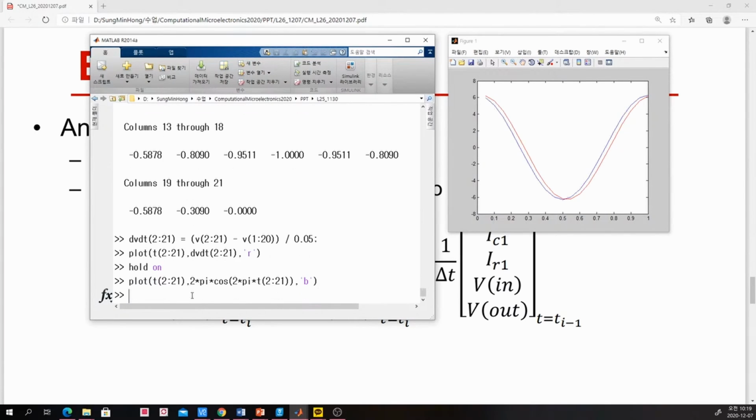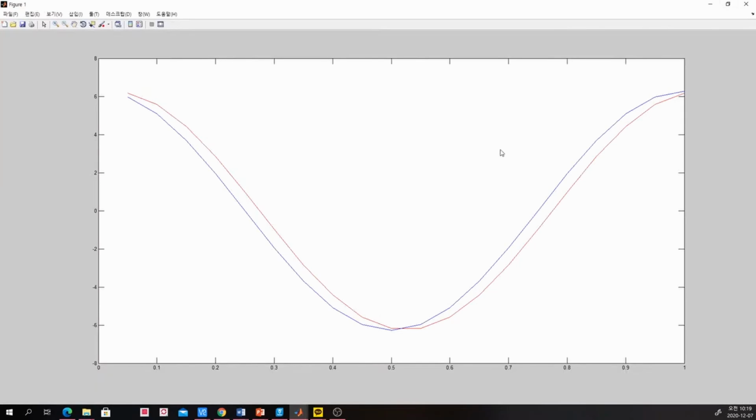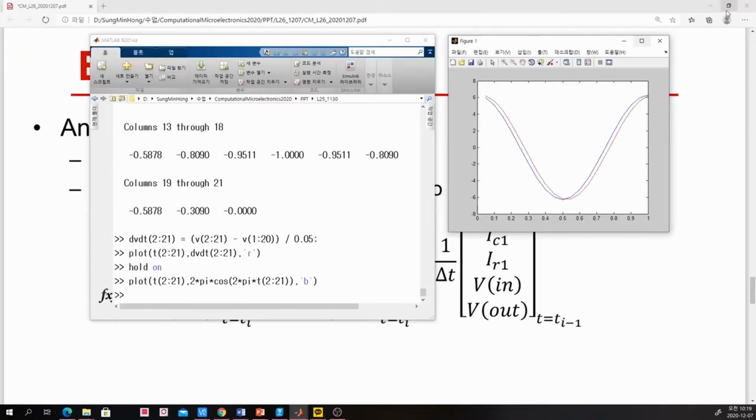How does it look like? You can see that now it becomes more clear that our discretized time derivative and the expected time derivative are different. So you can easily understand the difference that is related with the error of time discretization.